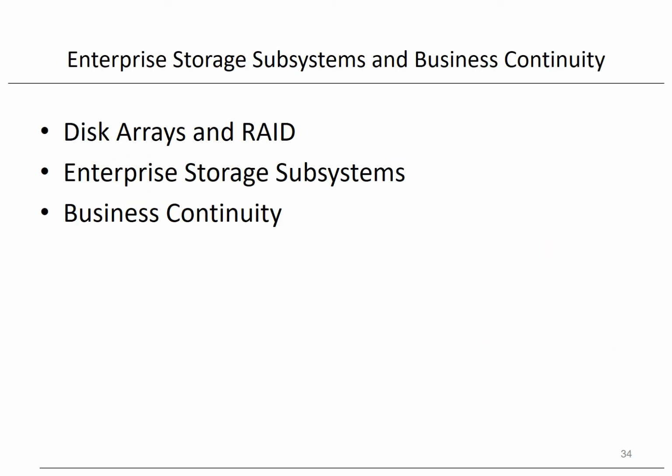We continue this chapter on physical database organization by returning to the storage hardware. We focus on the broader aspect of pooling individual devices and managing them as a so-called enterprise storage subsystem.